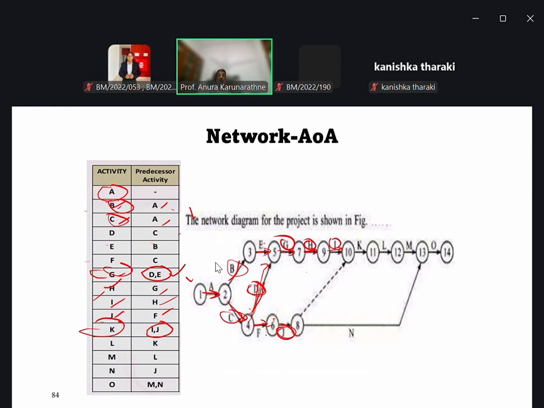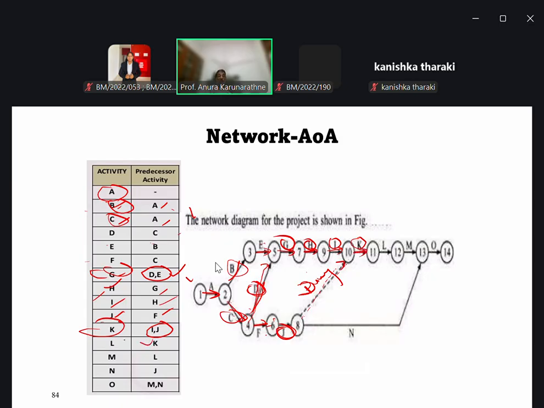So we are at this point, and then we have to link this with the dummy activity. Then we can go for K.